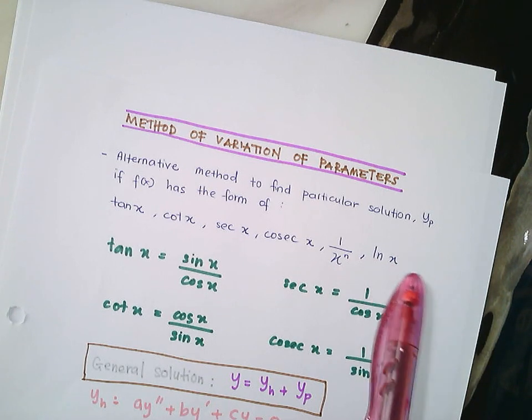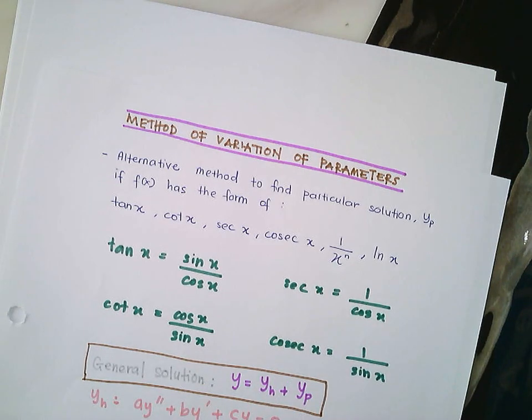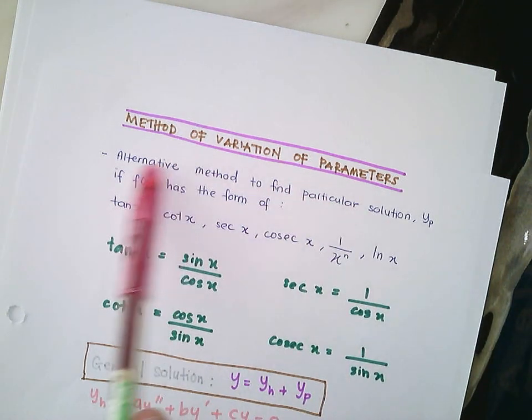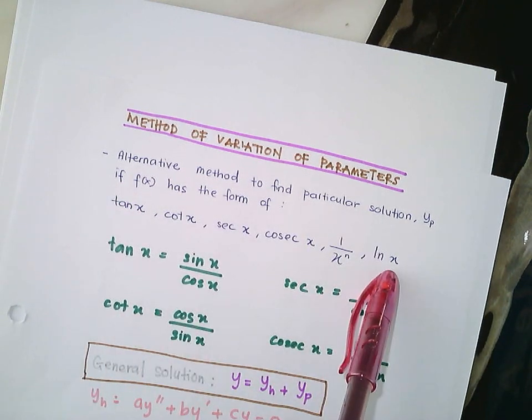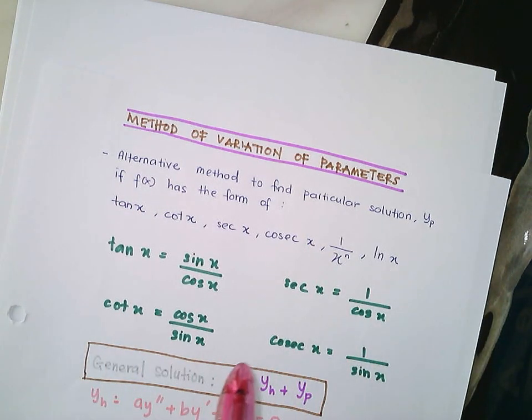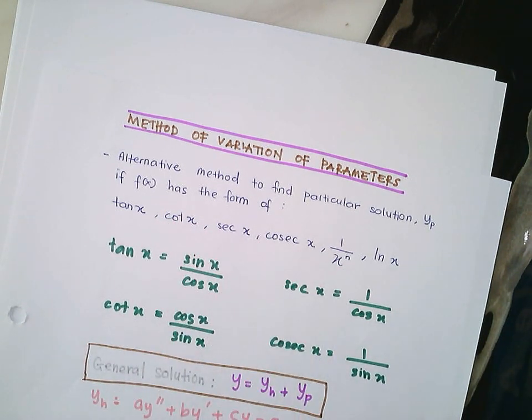Since we didn't discuss these in UC, UC cannot solve this kind of problem. So if you have one of these functions on your right hand side, you have to use variation of parameter.